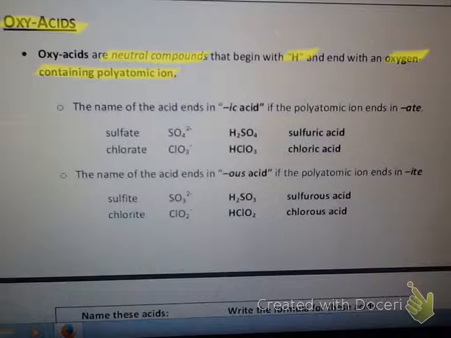So if you have an oxyanion, XOY with a negative Z charge, like nitrate, sulfate, phosphate, chlorite, perchlorate, and that charge is counterbalanced with a hydrogen ion, which has a +1 charge, then you have an acid.